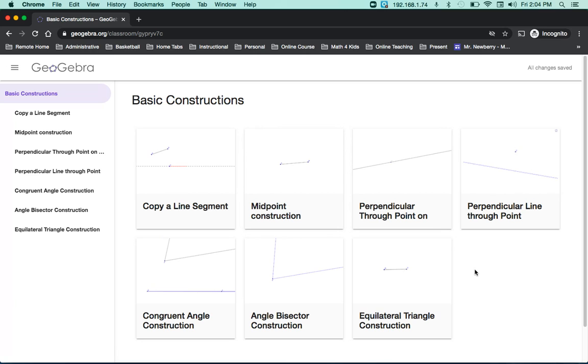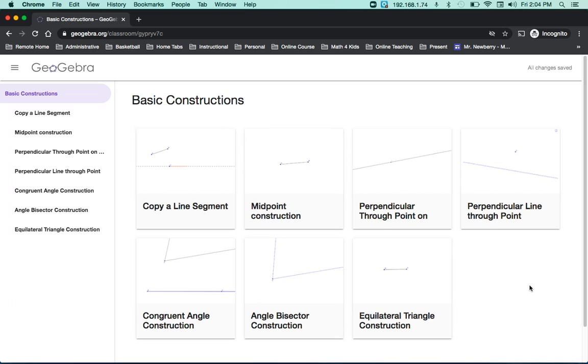We're going to go through how you would do these basically in the real world using a compass and a straight edge. And we're also going to talk about how you can do these in GeoGebra, which this entire assignment is in. So you could use this video and copy every single thing I'm doing to complete these assignments.